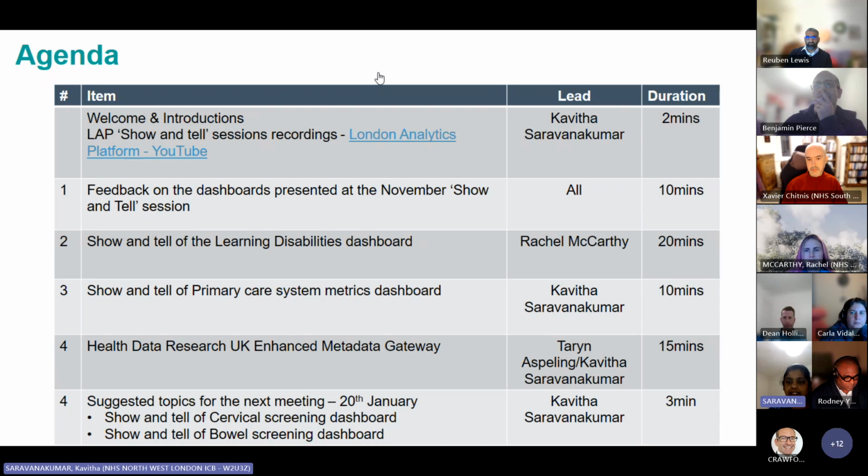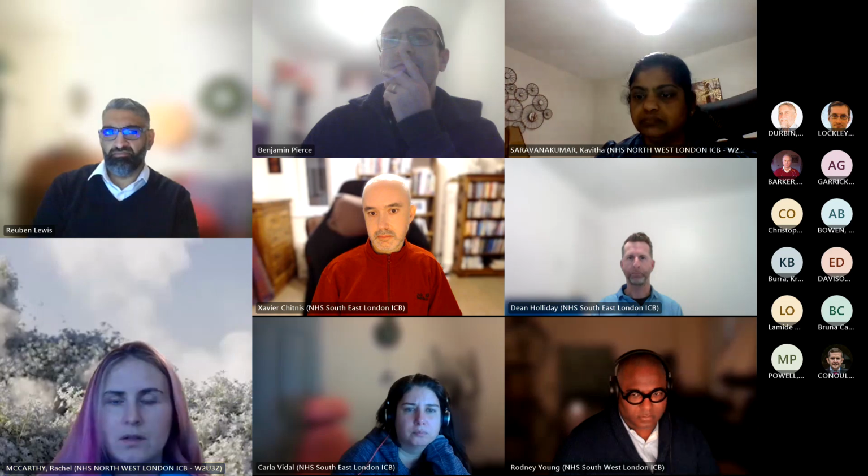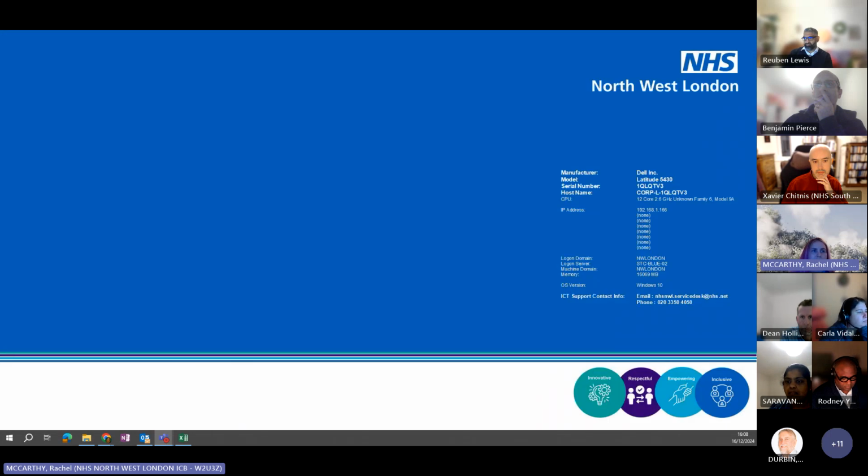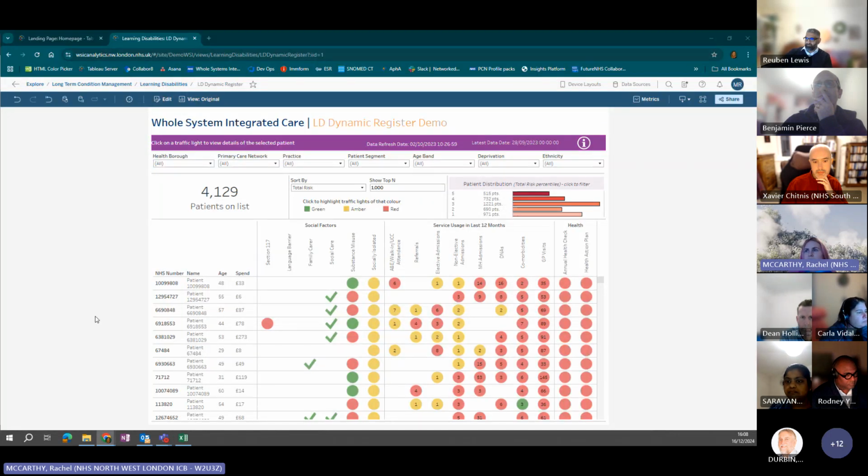So let's start with the learning disabilities dashboard. Right, I'm going to share my screen. Okay. I hope everybody can see my screen and see our demo version of the Learning Disabilities Dynamic Register. This is a radar dashboard. What I mean by that is it's created to show patient identifiable information.